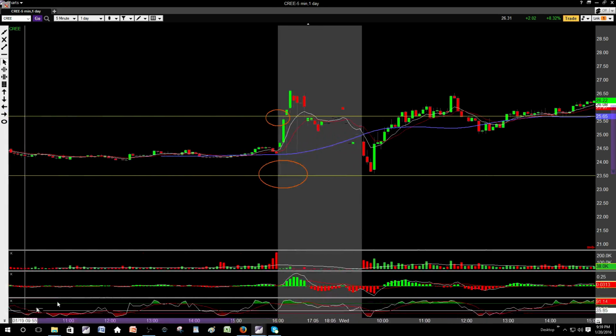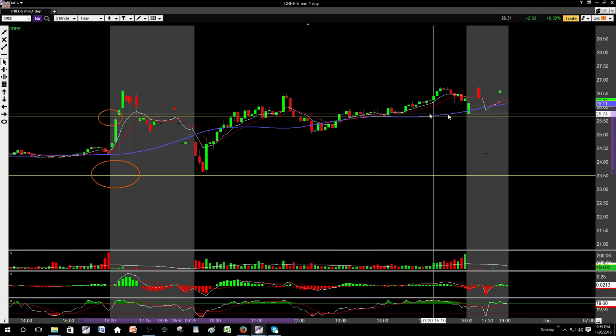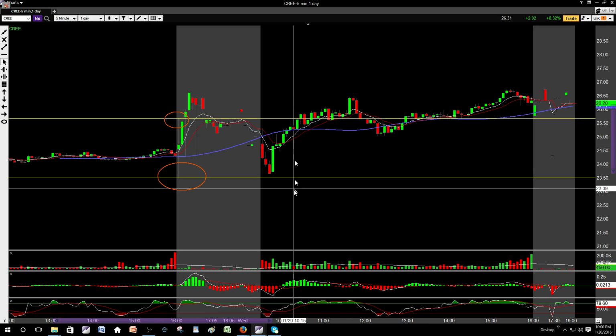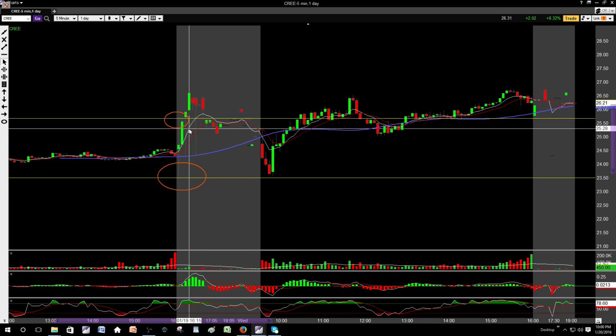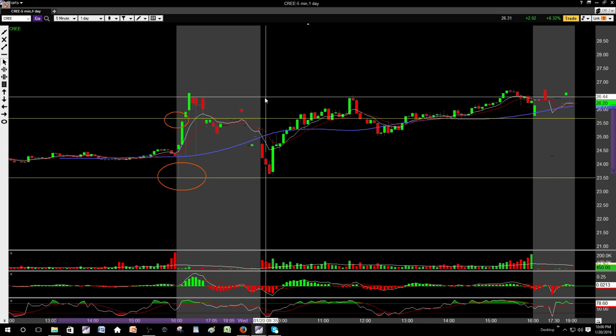Let's see how much those two lines had affected this trade. Well, obviously it was support and resistance throughout the entire day, but that top and that bottom right there after hours would have given you a good inclination of your zones. So if this stock would have popped it open, you would have looked for a short around that area right there, and then you would have been adding over here.